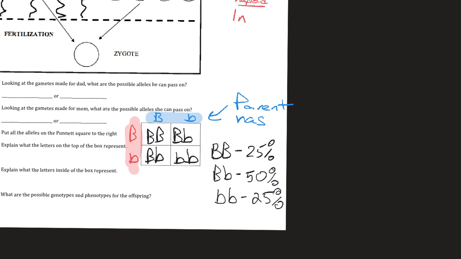Thank you. Okay, so when we look at these 3, these are genotype frequencies. And I'm going to tell you right now where one of the places people mess up is this difference between genotype and phenotype.